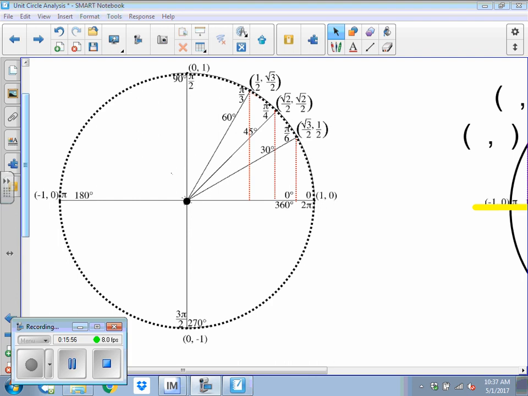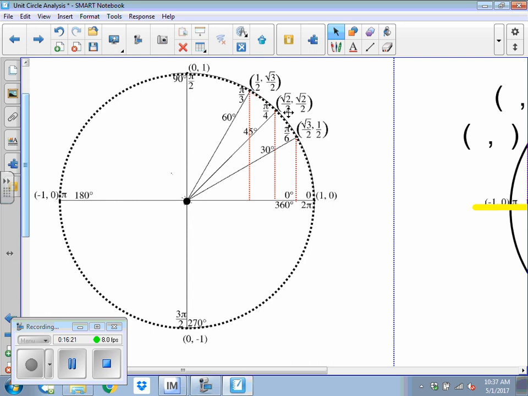We found these coordinates to be the square root of 3 over 2 and 1/2. We just developed that, right? And then here's my 45-degree angle, and we found those coordinates to be square root of 2 over 2 and square root of 2 over 2. And then for my 60-degree, it's 1/2 and square root of 3 over 2. Okay? That's what we just found, right?